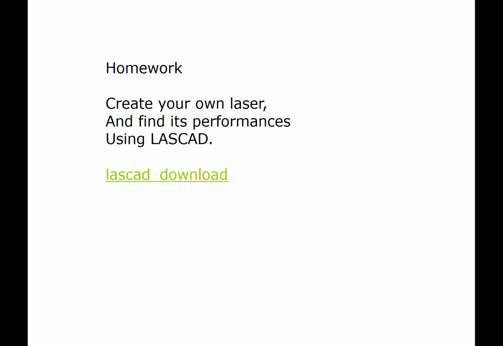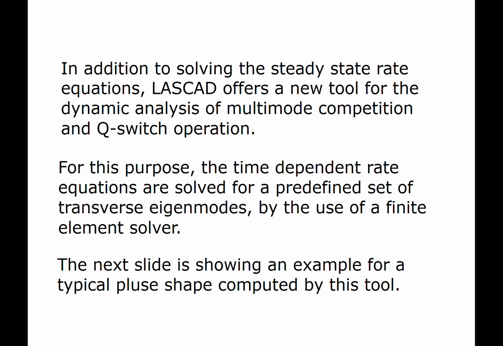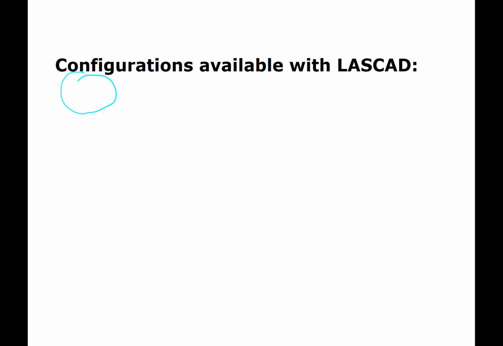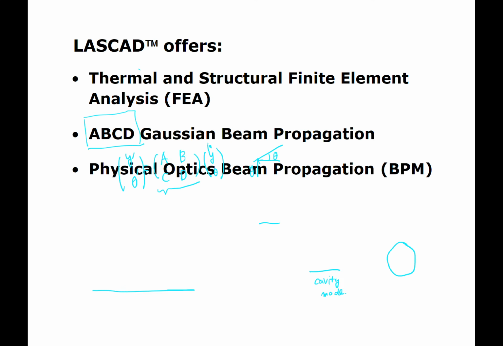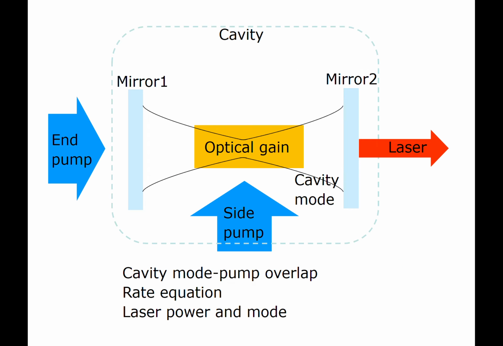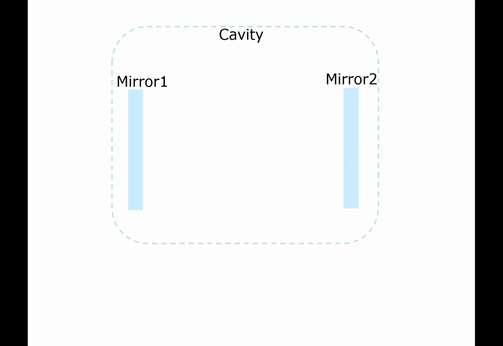Okay, this is the end of my lecture today about lasers. So here is the summary. We need to start with the mirrors, and this forms a cavity, and this cavity defines the cavity modes.